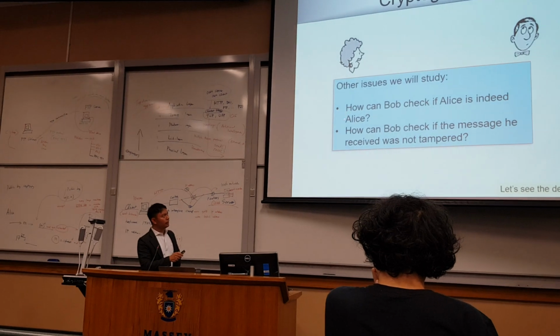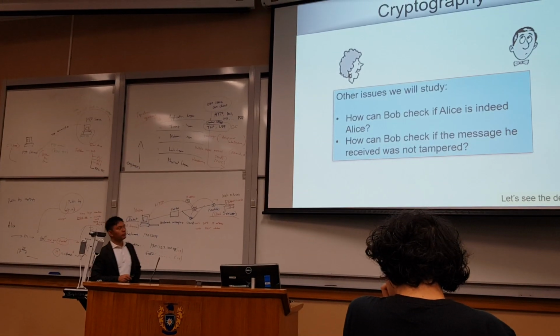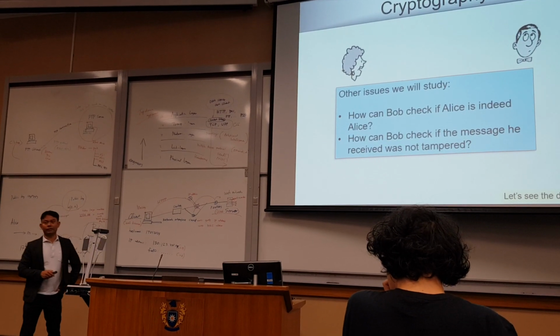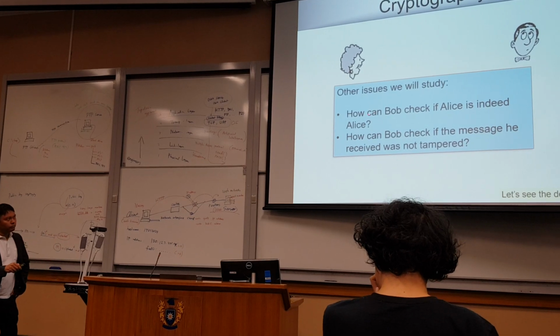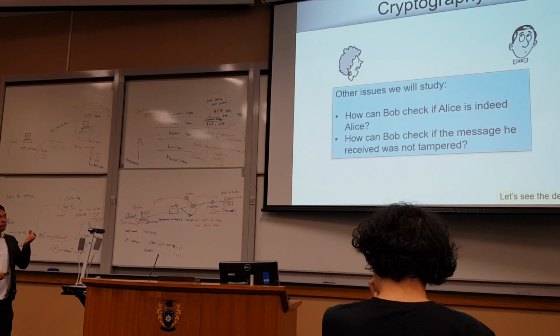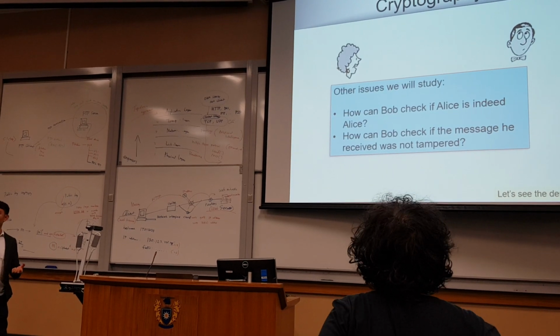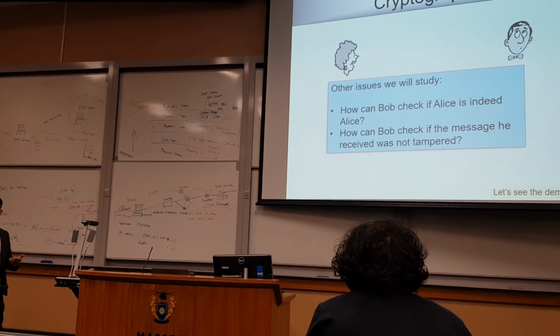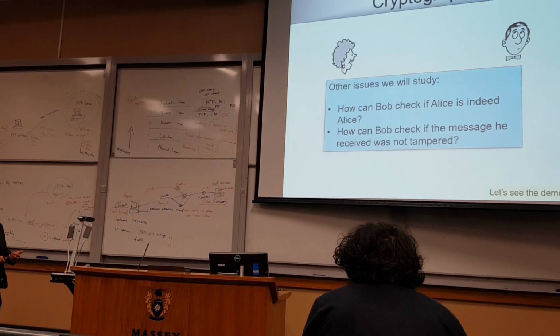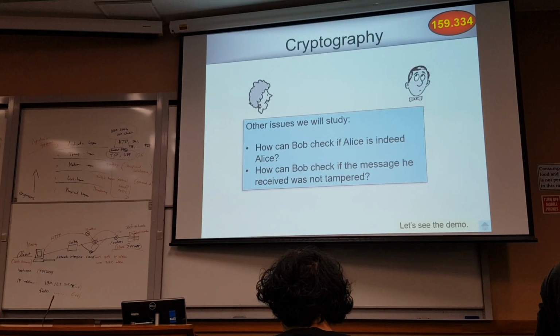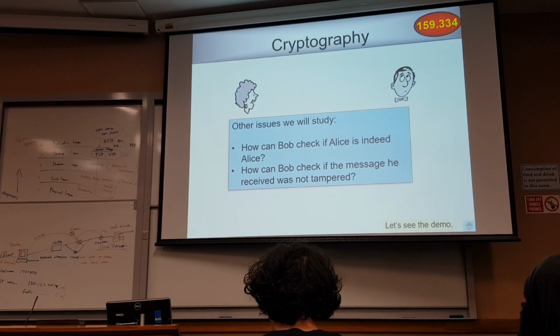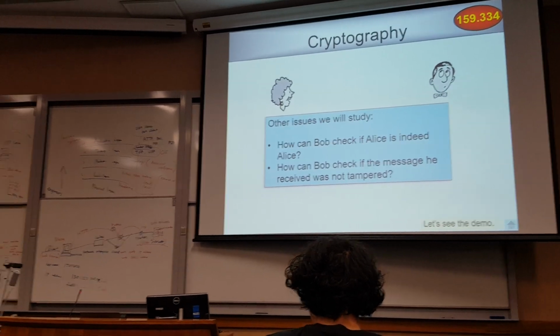Okay. Another problem is what we call message authentication. How can Bob be sure if the message is indeed coming from Alice? Okay, that's another question. We have, of course, the means to solve this problem. And how can Bob check if the message he just received was not tampered along the way?